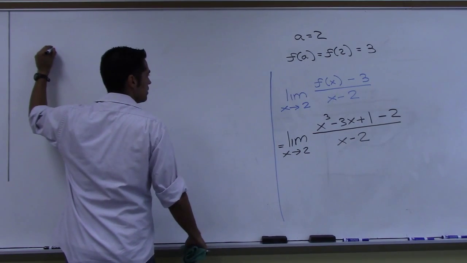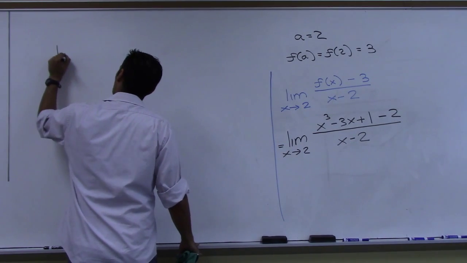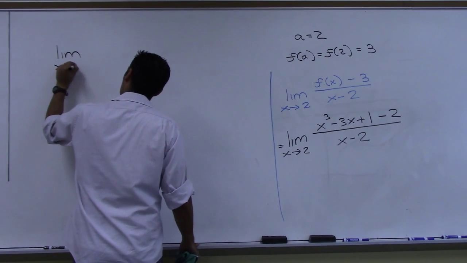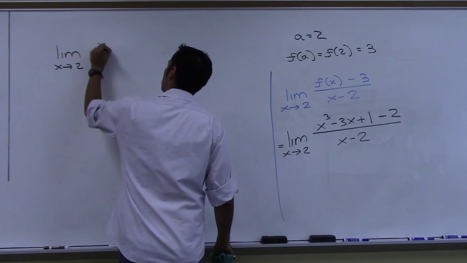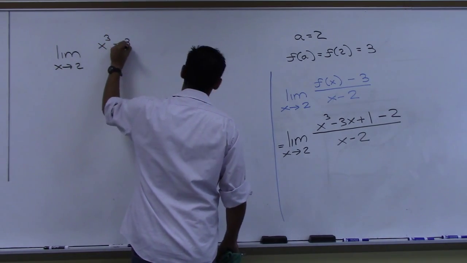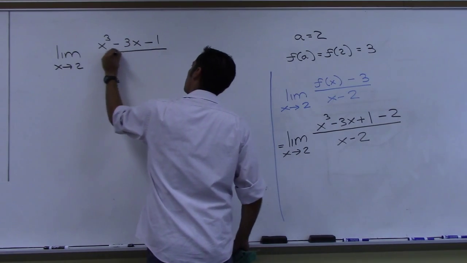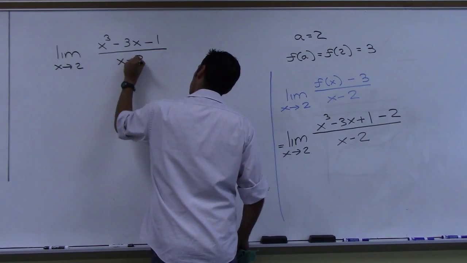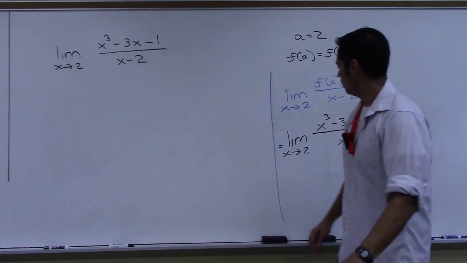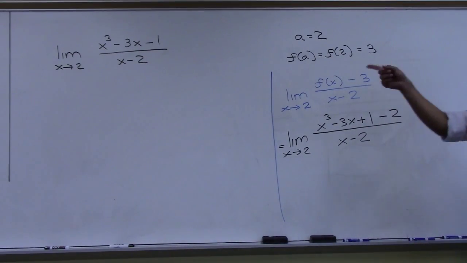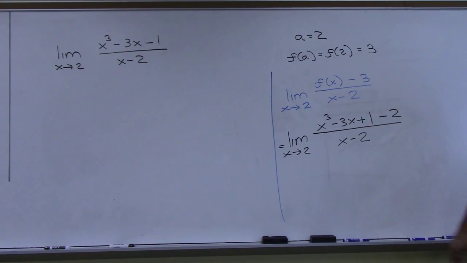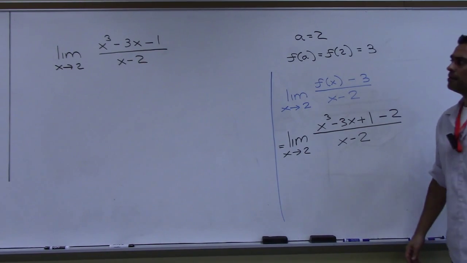The limit as x approaches 2 of x cubed minus 3x minus 2 over x minus 2. If I can figure out that limit, then I know the slope of the tangent line, don't I? What happens if I just try direct substitution on that limit? Do I get 0 on top? Yeah.